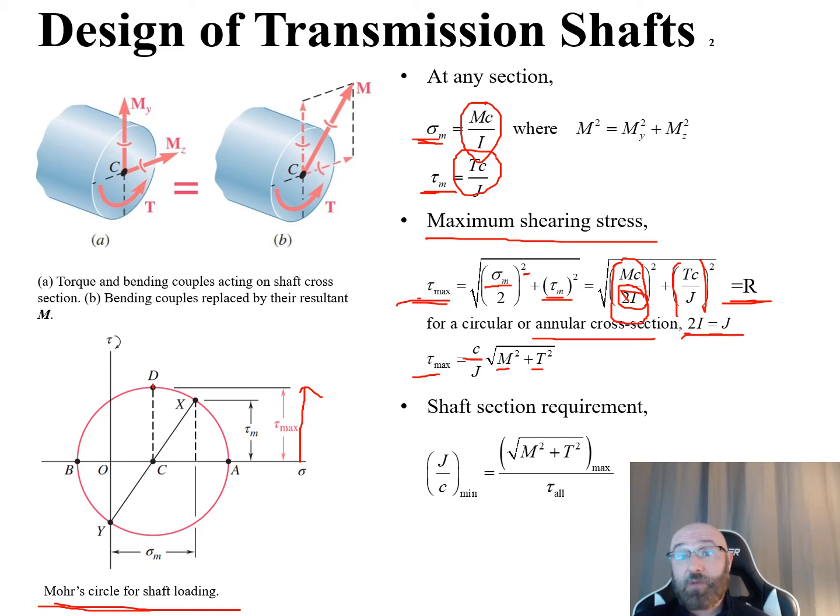We have the square root of the sum of the squares of our moment and our torque times C over J. So with that, there is our shaft section requirement, where we have that polar moment of inertia J over that distance C minimum is equal to the square root of the sum of the squares of M squared plus T squared max, all over our allowable shear stress.